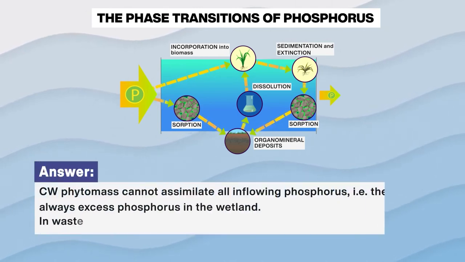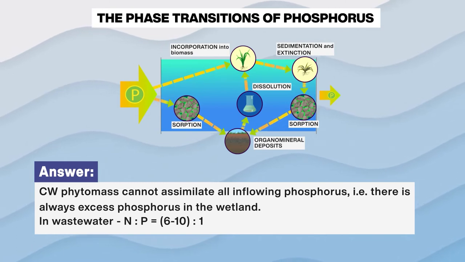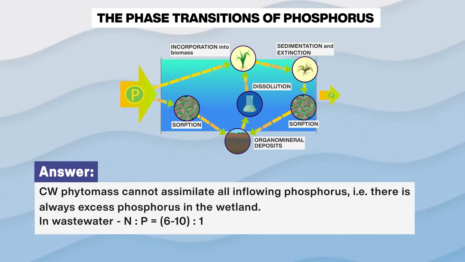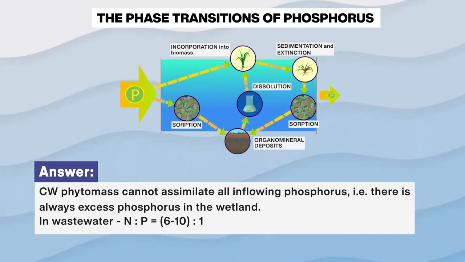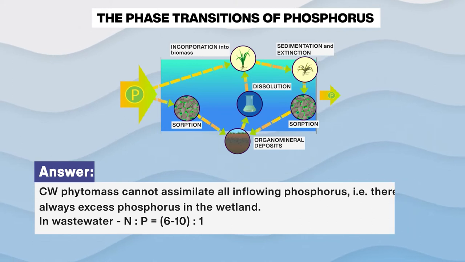Certainly, wetland phytomass can't assimilate all the inflowing phosphorus because, according to the Redfield ratio, to assimilate 1 atom of phosphorus, plants require 16 atoms of nitrogen, while… Excuse me, Miss Doolittle. Could you specify what the Redfield ratio is?